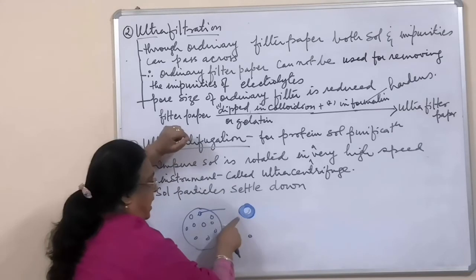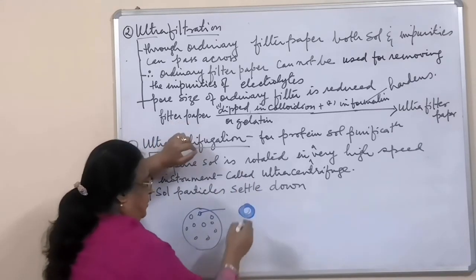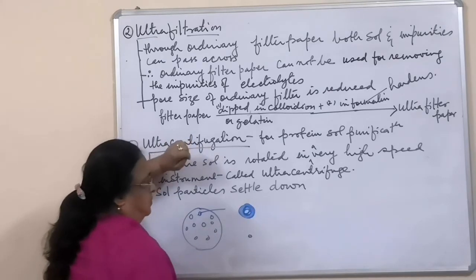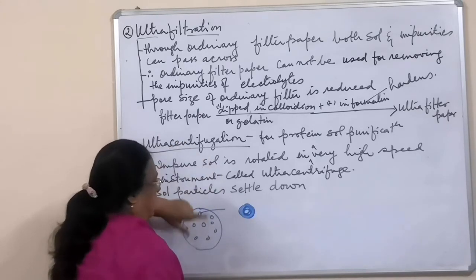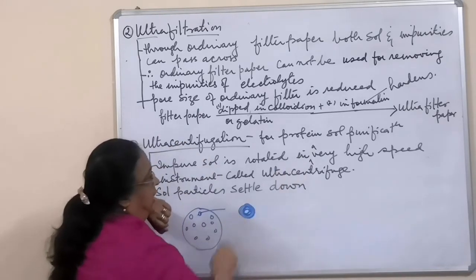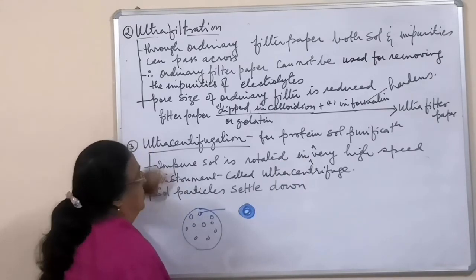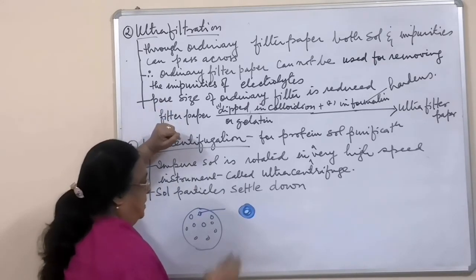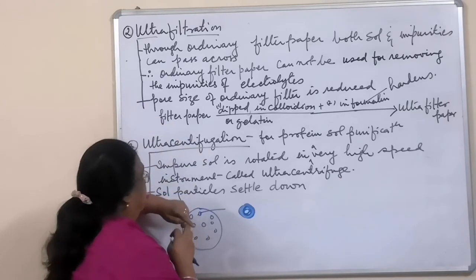So formalin will harden it. Again it is dipped in this and dipped in formalin. This way the deposit gradually builds and the pore size becomes very narrow, and that narrow-pored filter paper which is obtained is called ultra filter paper. When the impure sol is passed across this ultra filter paper, filtration takes place, the impurity will be filtered out, and the sol will be retained on the filter paper.